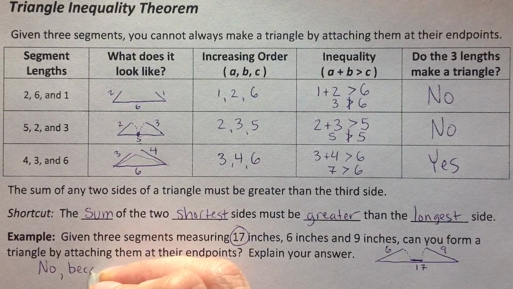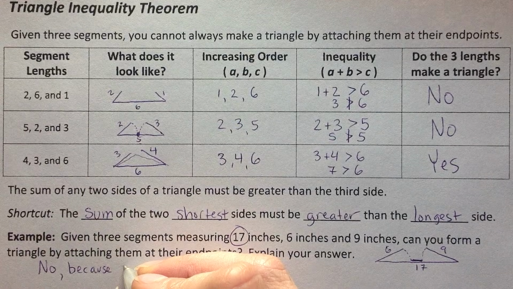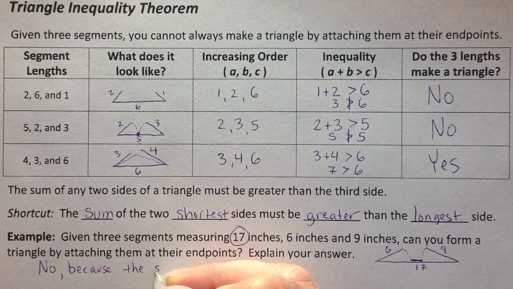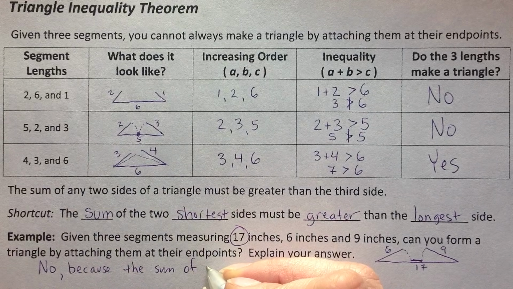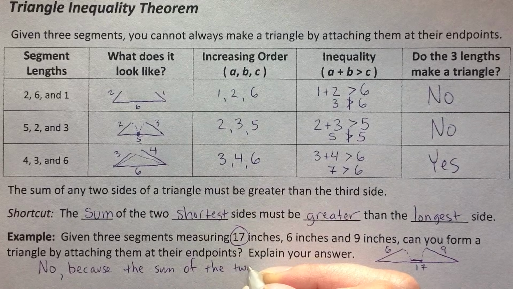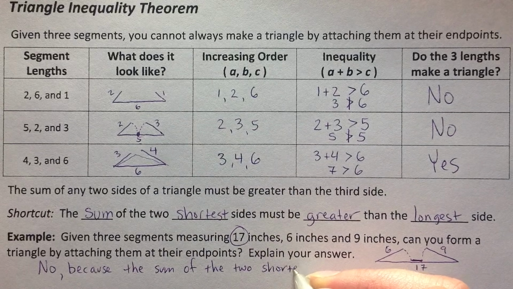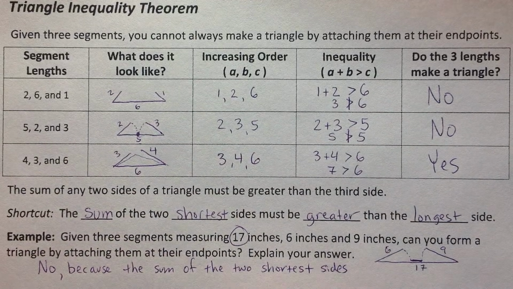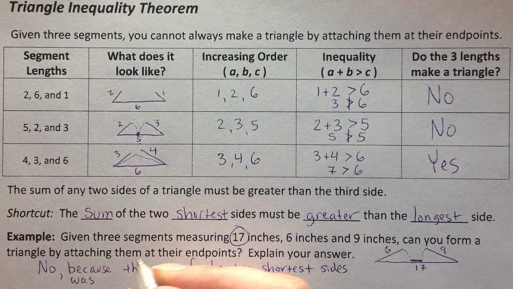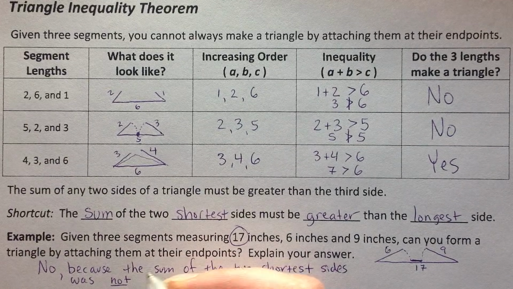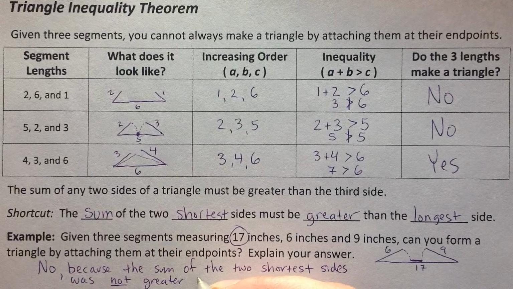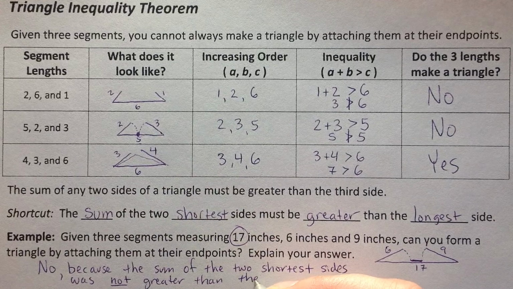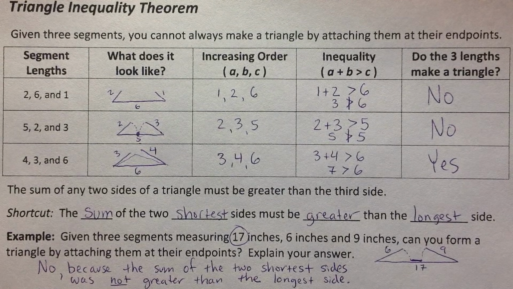No, because when I added the two shorter ones, because the sum of the two shortest sides was not greater than the longest side. Okay? Pretty simple theorem. Alright, you try one.